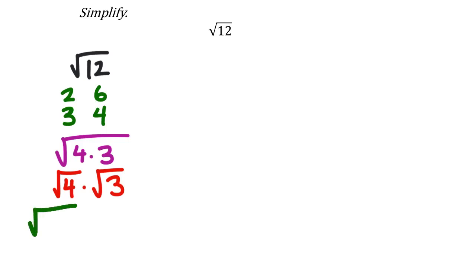The square root of 4 could also be broken up into 2 times 2. And then again, you'd have it multiplied by the square root of 3. Now, the reason I'm showing the square root of 2 times 2 is because 2 times 2 makes it a perfect square. We're looking for some number multiplied by itself within the square root, right?